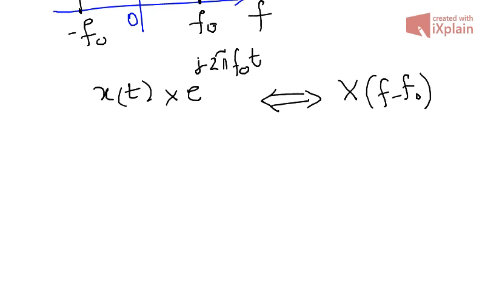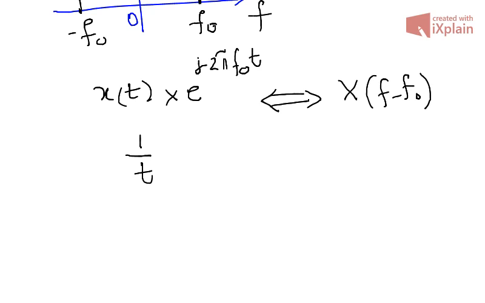So we will see this property. It's known as the modulation property. If you observe your table of Fourier transform properties, it's actually the modulation property. So we may need this property today in our derivations.